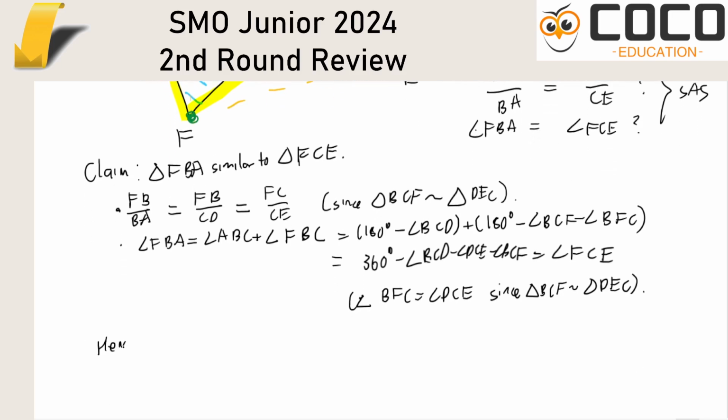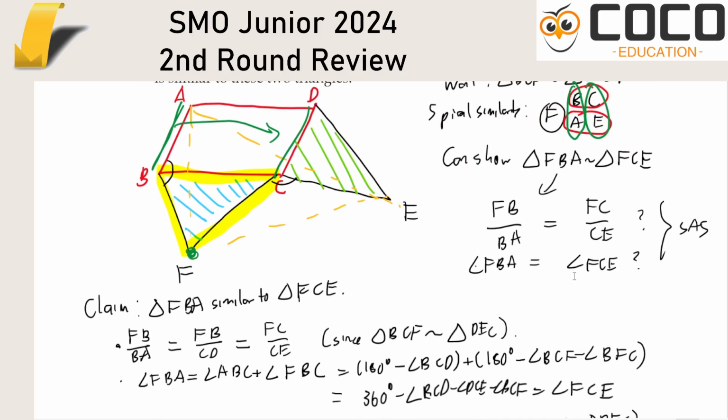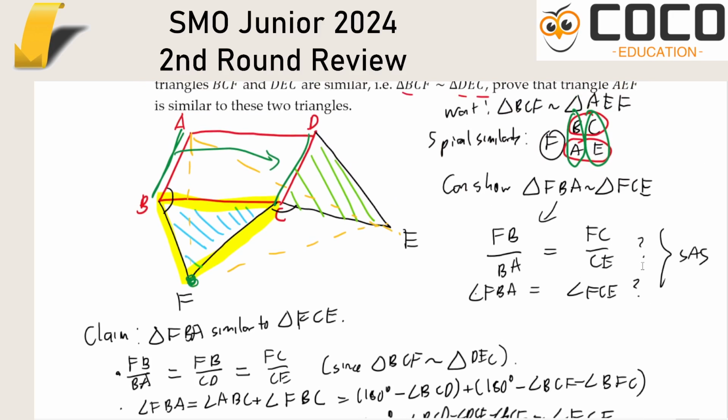So hence shown by SAS, this is the so-called alternative pair of triangles. I switch from the alternative pair to the main pair. This always works, not just for this question. I'll switch back, and this will also help you understand this spiral similarity logic, why it works. Right? Why FBA and FCE would be enough to get to FAE and FBC.